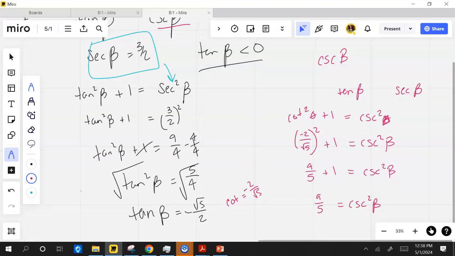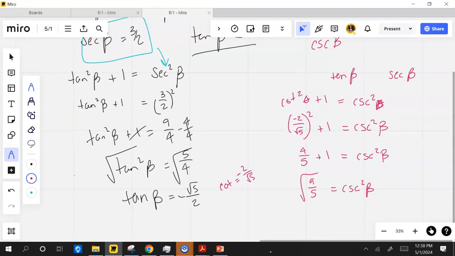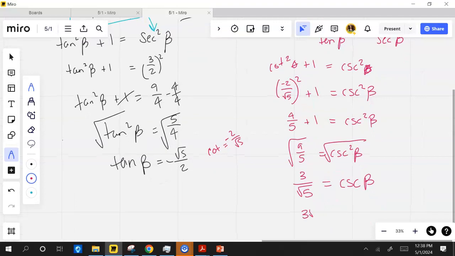And now I can square root. And then just rationalize that bottom.